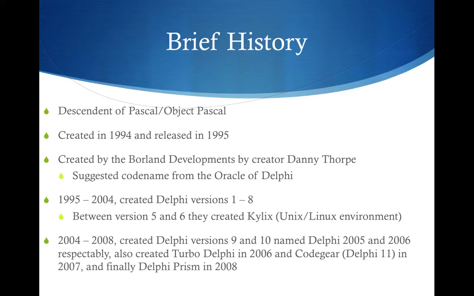In 2006, Turbo Delphi and Turbo C++ were released, bringing back the Turbo name for nostalgia reasons. The Turbo product set included Turbo Delphi for Windows 32, Delphi for .NET, Turbo C++, and Turbo C#. In 2007, they released Delphi 11, which was actually CodeGear.